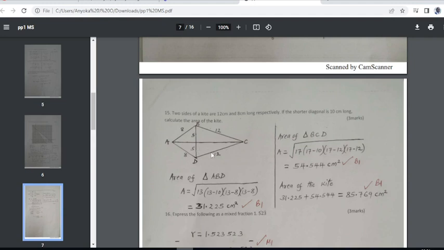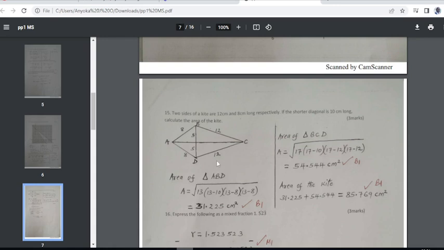Let's see what we have here. Here the area has been found by the use of Hero's formula, because we have triangle ABD, which has sides 8, 8, 10, and the triangle BCD, which has sides 12, 12, 10. So we can use Hero's formula.